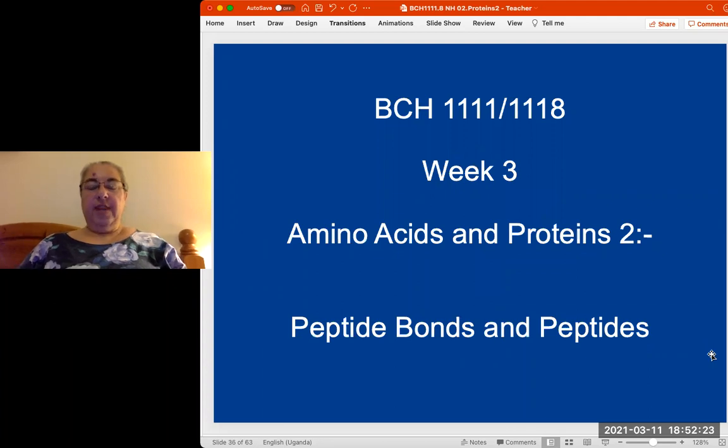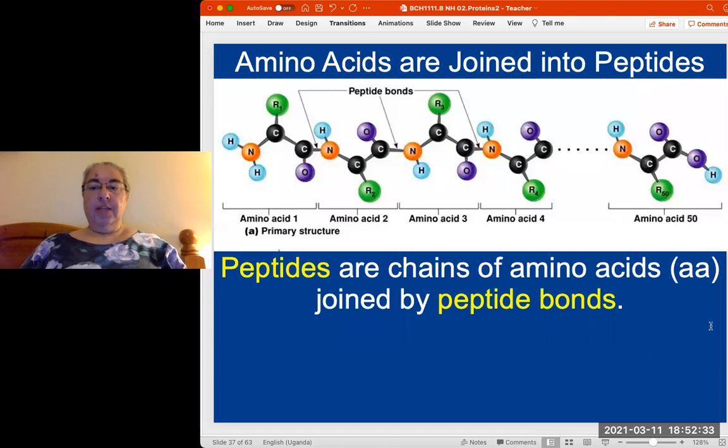Okay, so the next thing I want to talk about today is how amino acids are joined together to make peptides. So you've seen this diagram before. Here is amino acid 1, alpha carbon, R group attached. Here is amino acid 2, alpha carbon, R group attached.